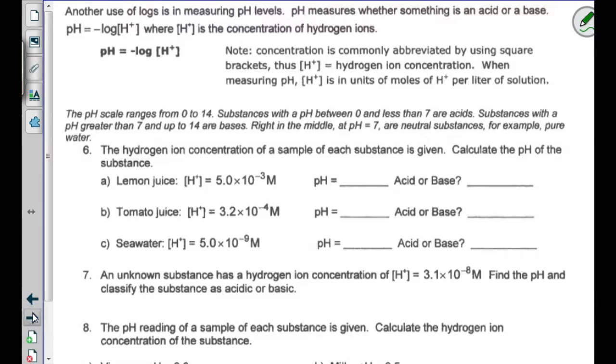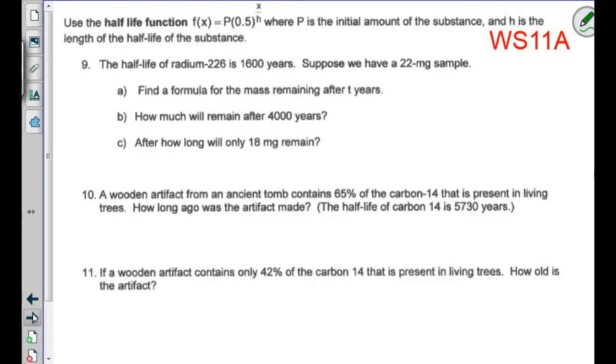Now, I am going to skip and talk about number 10 on 11A because we're going to run out of time here. A wooden artifact from an ancient tomb contains 65% of the carbon-14 that is present in living trees. How long ago was the artifact made if the half-life is 5730?